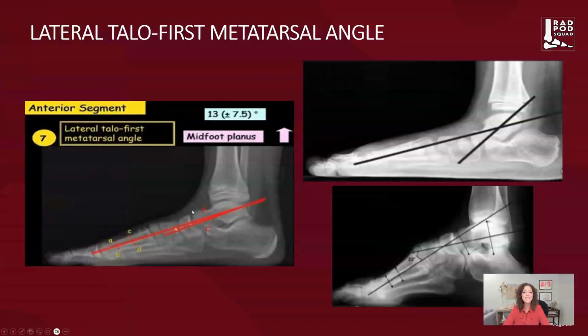What we can see in these cases is that when the talus and the first metatarsal axis are declinating, that's a situation where we have pes planus, as opposed to this situation here, where notice the talus vector versus the first metatarsal vector are elevated in a situation of pes cavus.